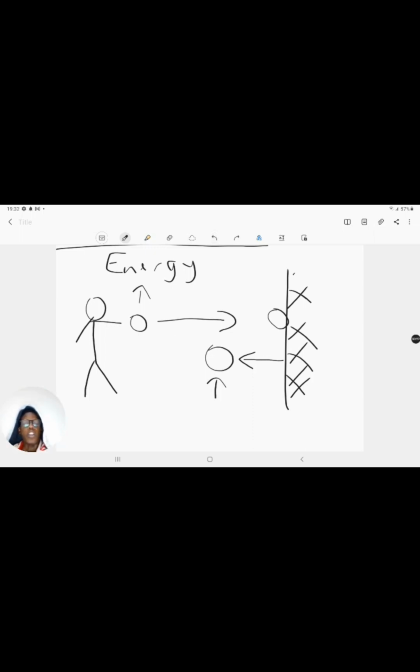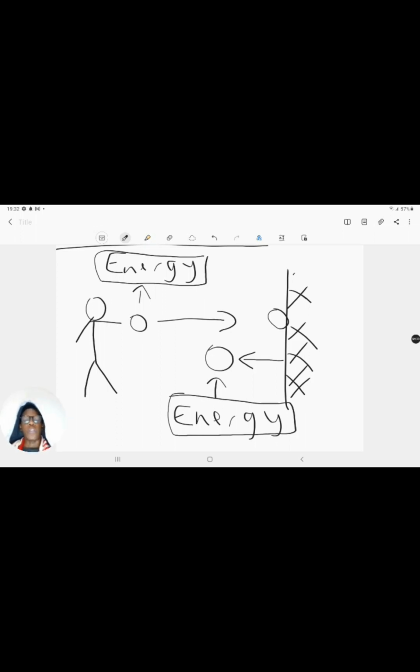So before collision, this ball has a certain amount of energy, and after it bounces off the wall, it has some energy as well. Now, what makes a collision an elastic collision is that the energy after the ball collides with the wall is the same as the energy before the ball collides with the wall. That's what an elastic collision is.